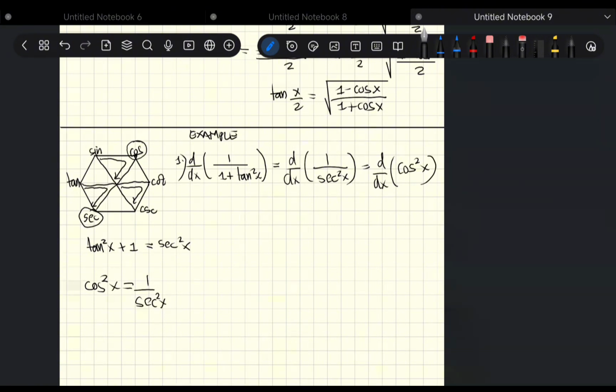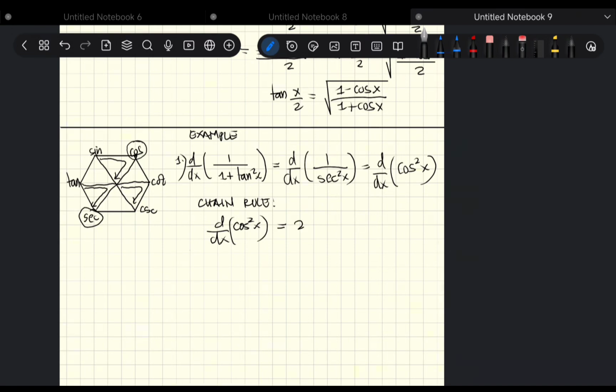We can use chain rule. For chain rule, d over dx of cos squared x is equal to 2 cosine x, and the derivative of cosine is negative sine x.